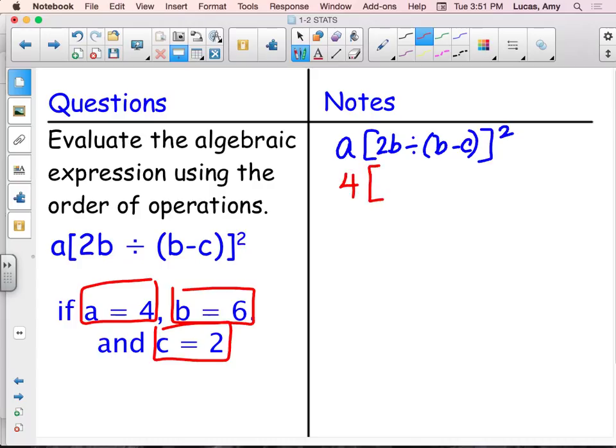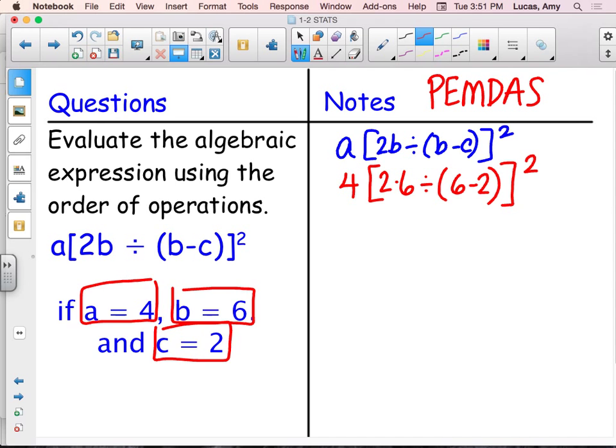So 4 times, I've got a bracket here, 2 times B, so 2 times 6, divided by 6 minus 2 squared.